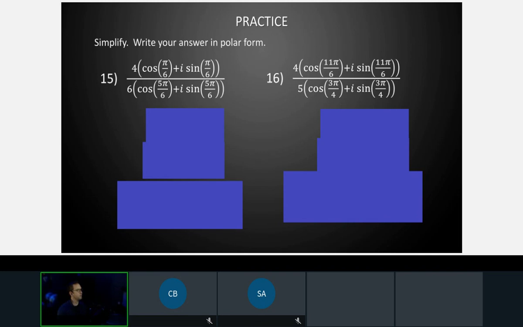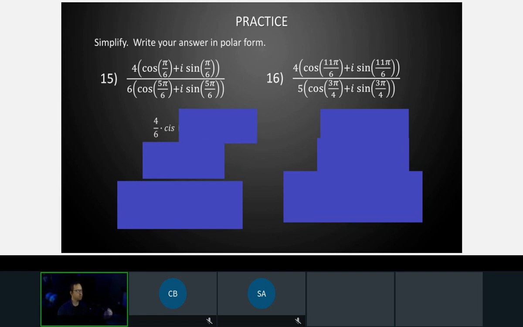So we have in polar form, one divided by the other. So all we do is take that 4, we divide it by 6. Then you have your cis. And then you take the angles and you subtract.